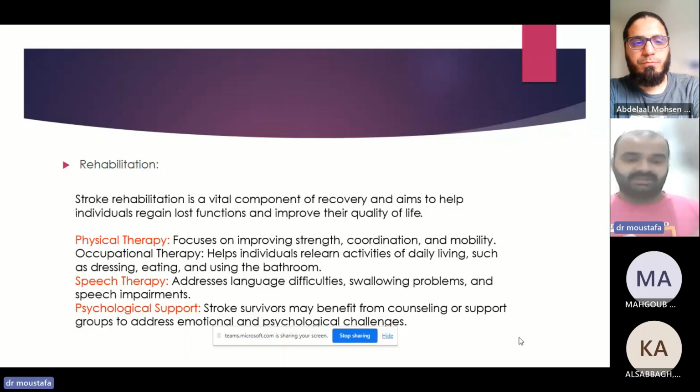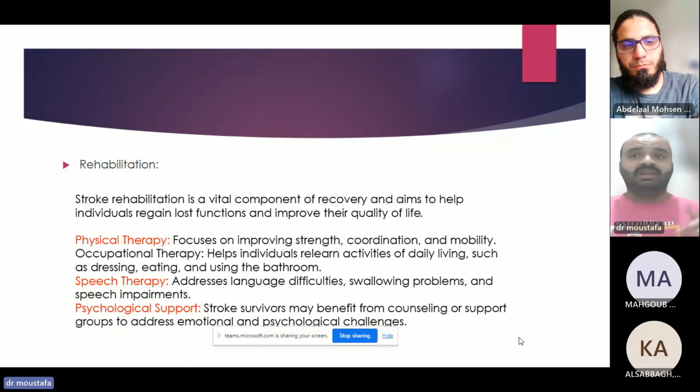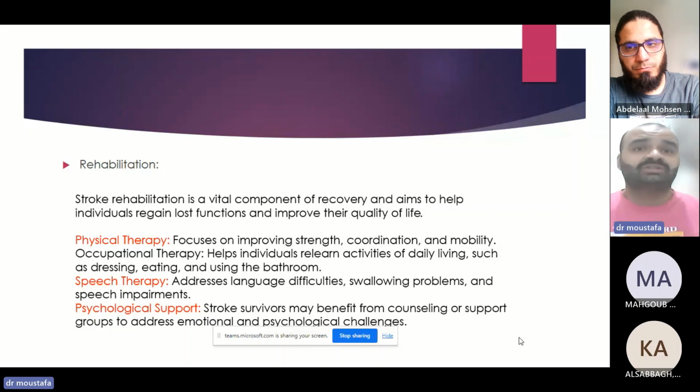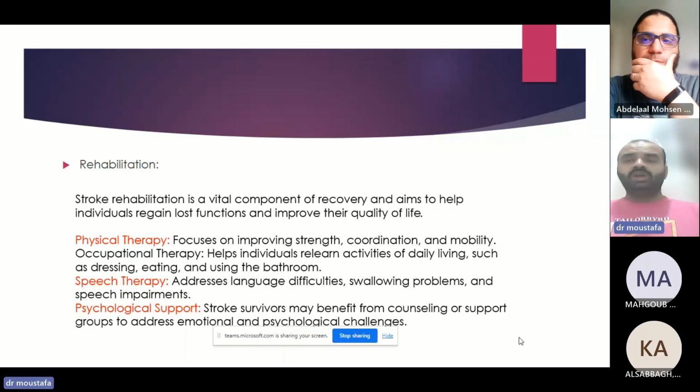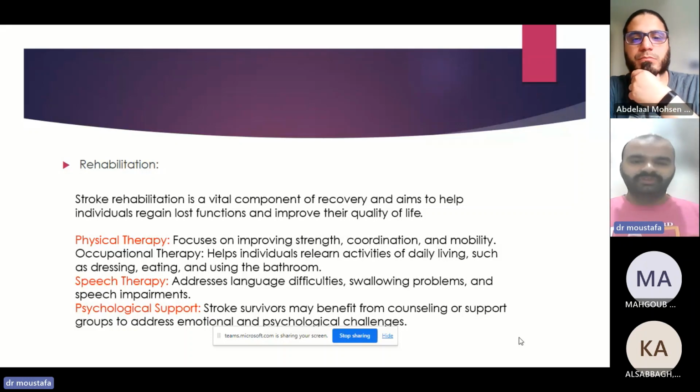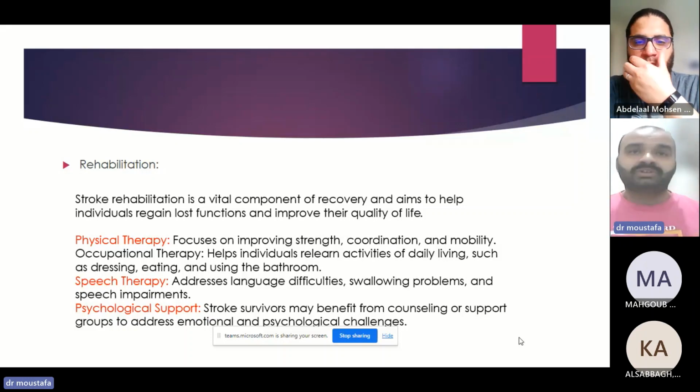We have multiple areas affected. The speech is affected, the movement is affected, and of course the inner sensation, or let's say his psychological side. So we'll start with physical therapy. We'll mostly refer the patient to physiotherapy, just to focus on improving the strength and movement of the different limbs affected, right?